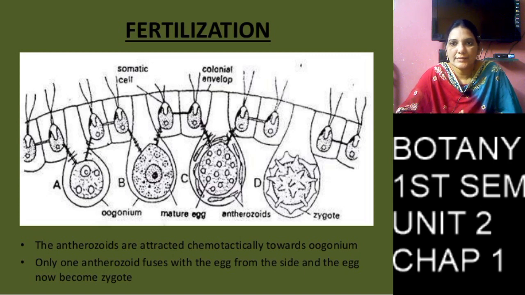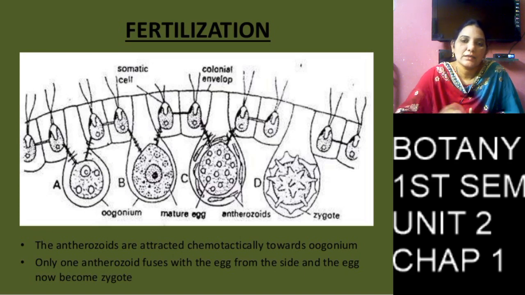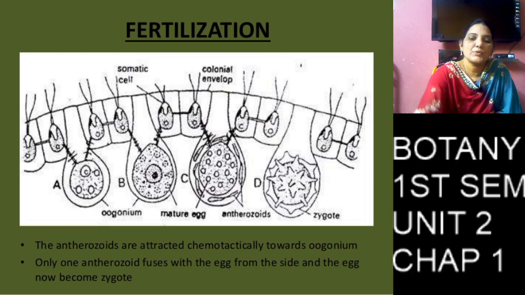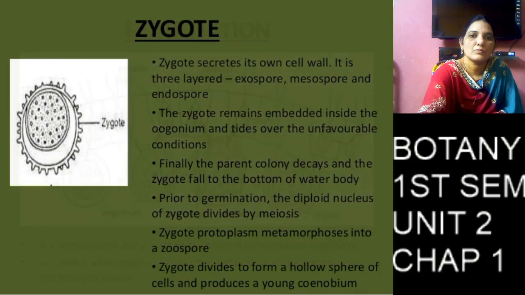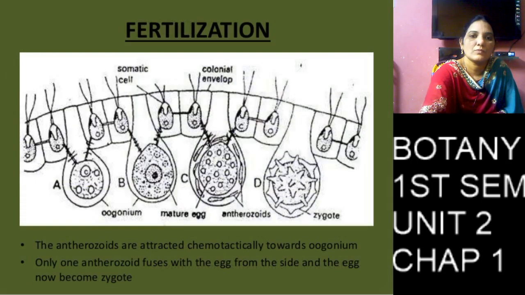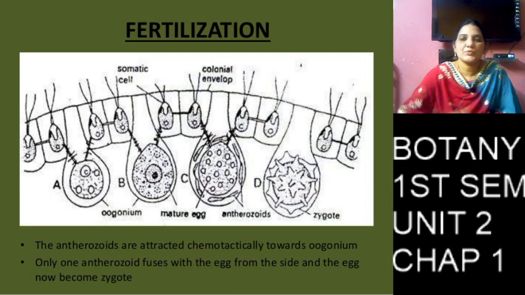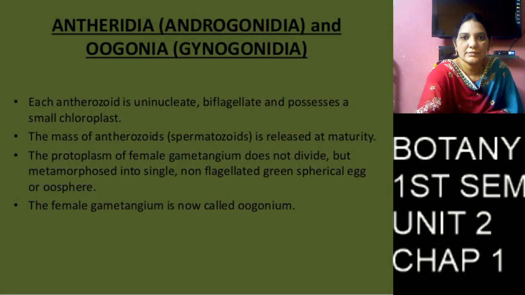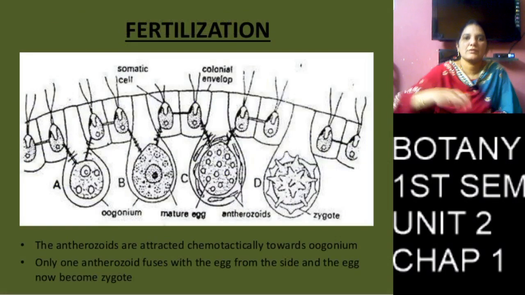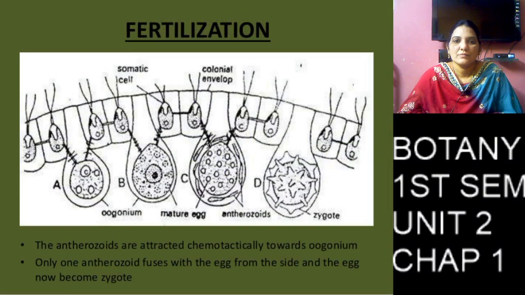The antheridium mother cell undergoes many divisions and forms many cells, and each cell turns into an androspore.